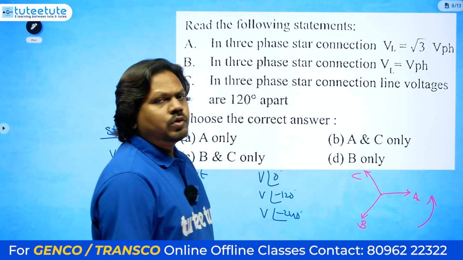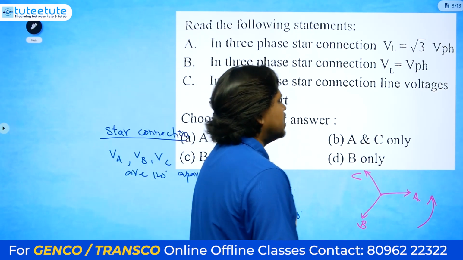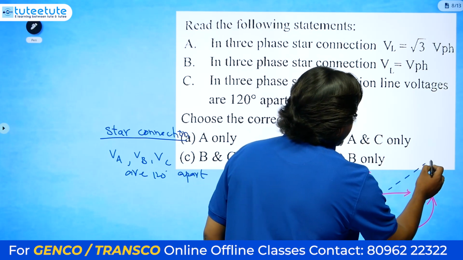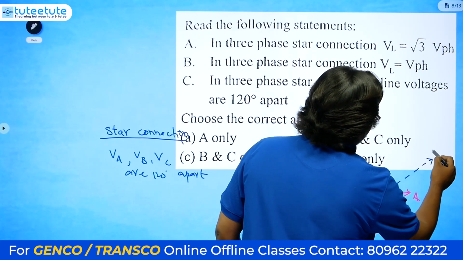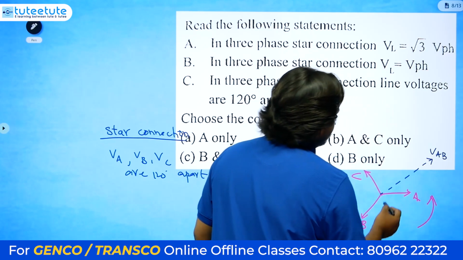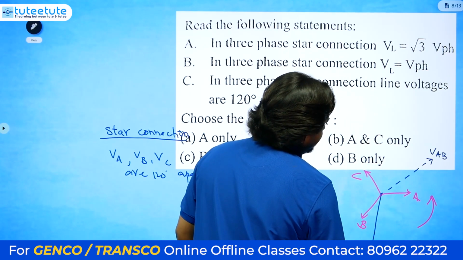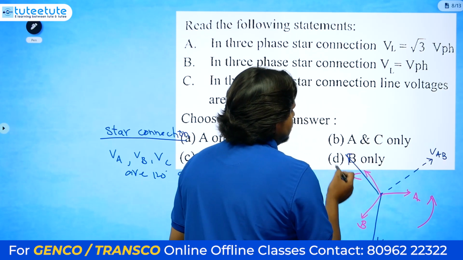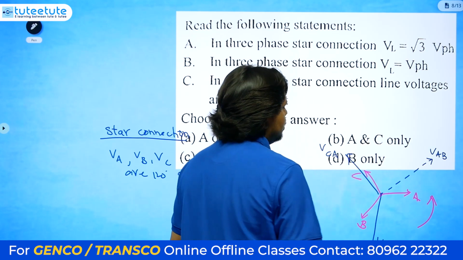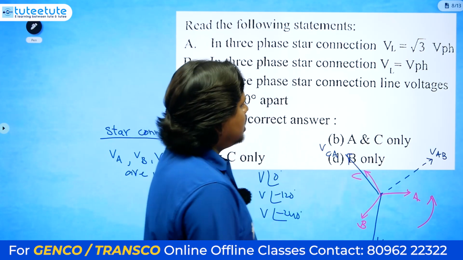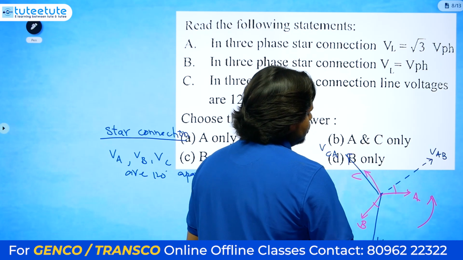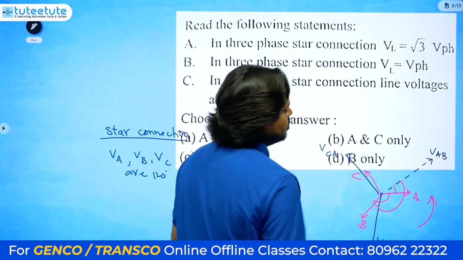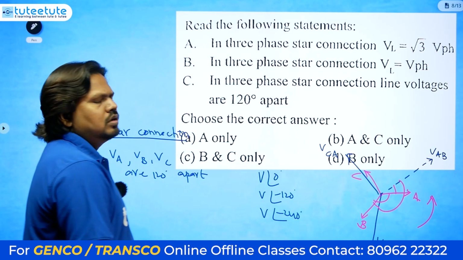If you calculate the line voltages, VA minus VB, then you will get the line voltage VAB here, here you will get VBC, and here you will get VCA. See here also, how much angle is there? Between these two also the same angle, 120, and between these two also 120. Like this we have to understand.